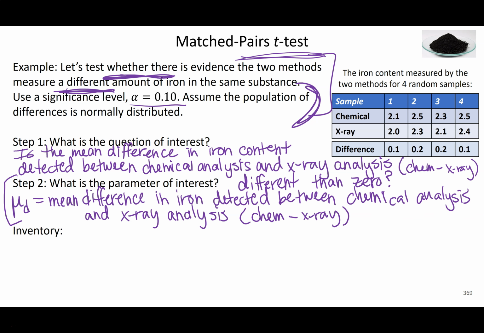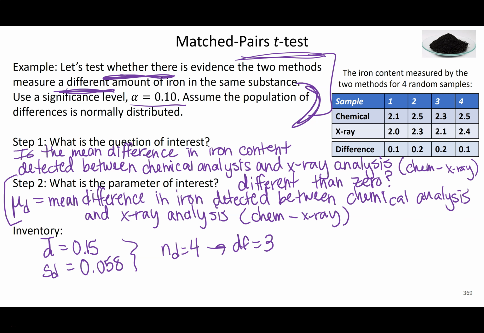So my inventory is going to look a lot like last time. The mean difference I saw in my samples was 0.15. Standard deviation I saw in my samples, 0.058. Once again, I don't know the units there. The number of differences was 4, which means my degrees of freedom will be 3, 4 minus 1.